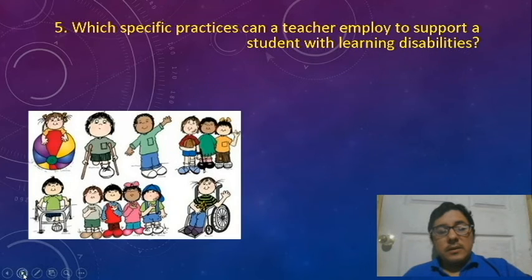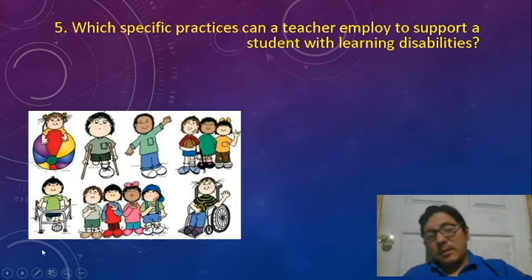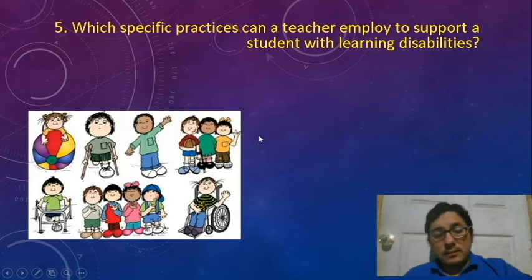The next question says, which specific practice can a teacher employ to support the student with learning disabilities? Allow me to list 3 specific practices a teacher can employ to support a student with disabilities. Number 1, sit these students in the first seats.